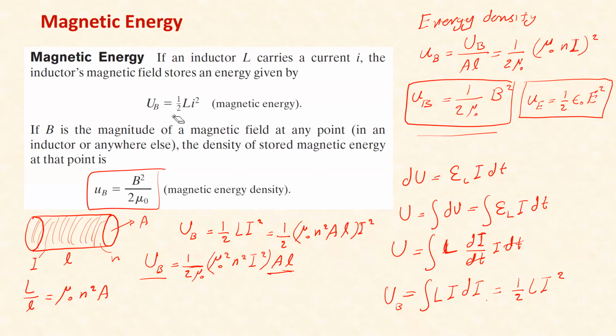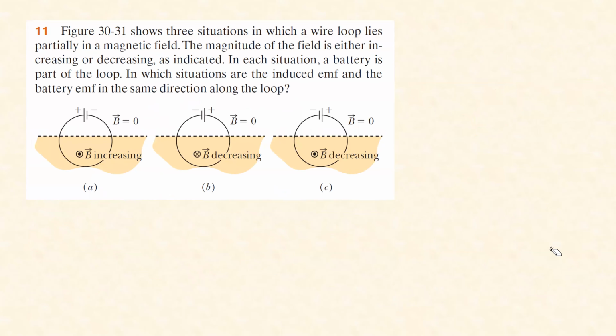So that is pretty much everything that you need to know in this chapter. And then from now, we can do some example problems. Here is one of the problems from the book. It says the figure shows 3 situations in which a wire loop lies partially in a magnetic field.